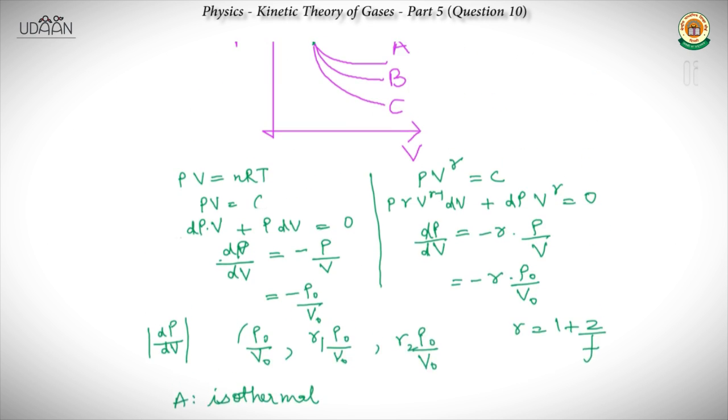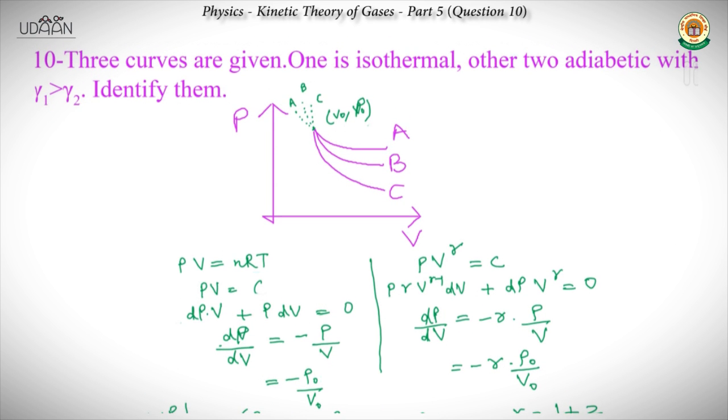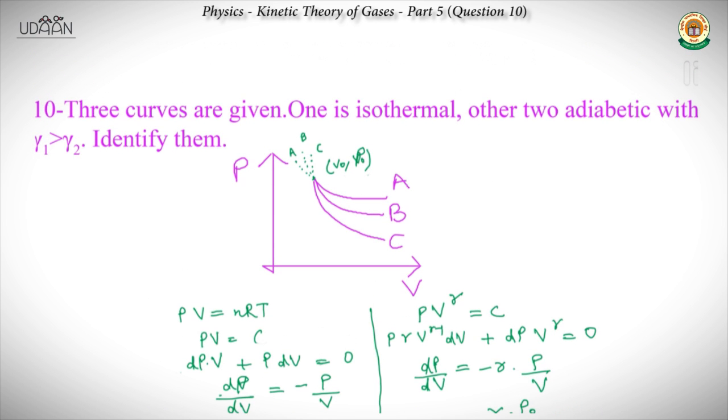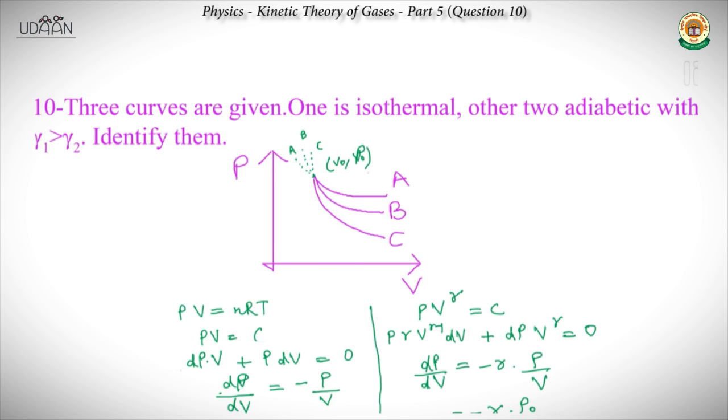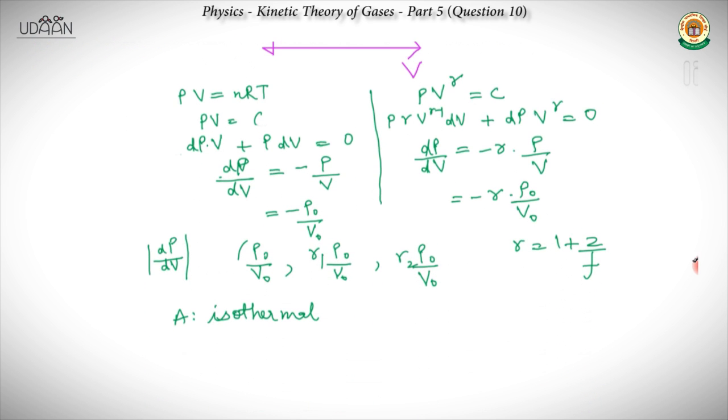And since we had that gamma 1 is greater than gamma 2, the slope of the one with gamma 1 would be greater than the one with gamma 2. And for that, we can write basically that B and C are adiabatic processes.